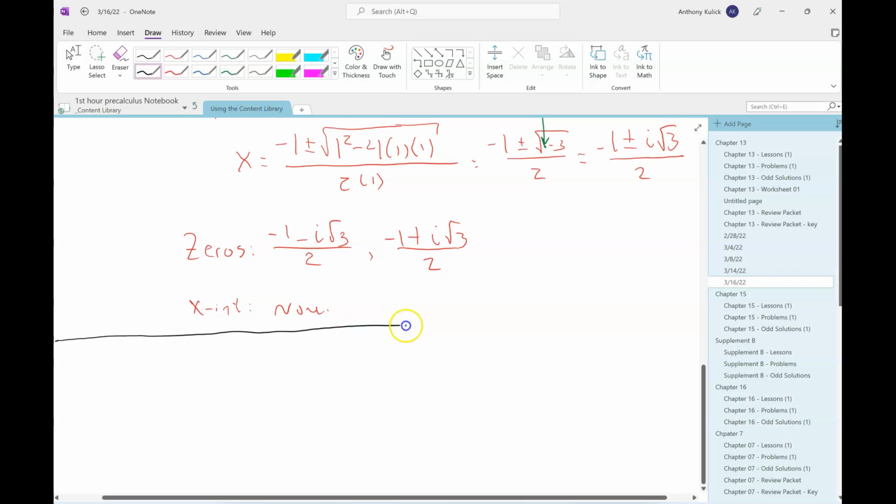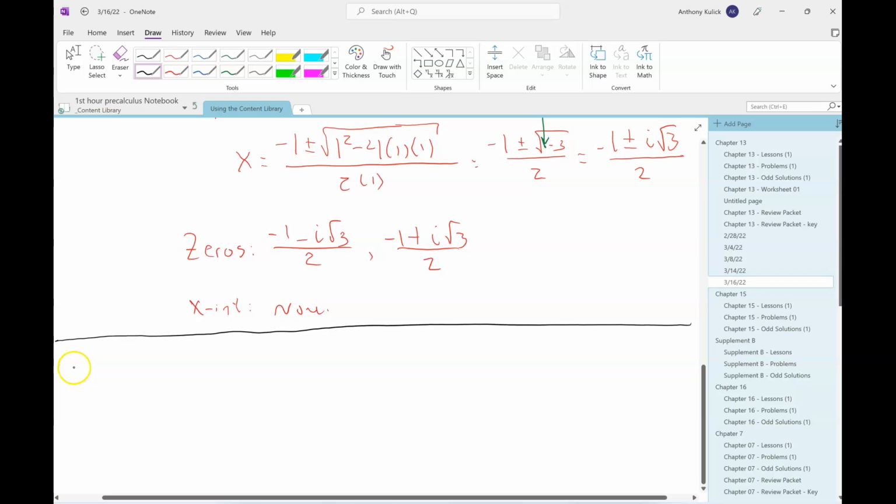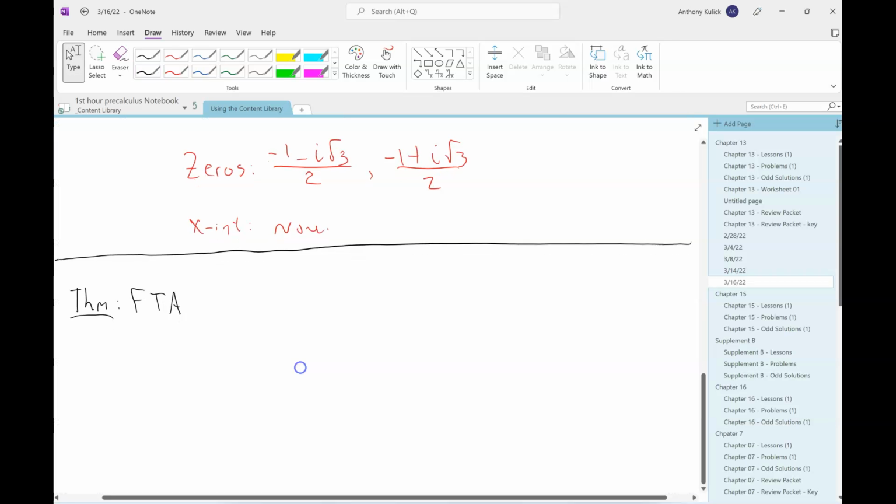All right, so two tools. Well, actually, we're going to get three tools. I take that back. Two tools today to help us out with this. The first one is a theorem called the fundamental theorem of algebra. I'm going to abbreviate that as FTA. This one's pretty powerful.